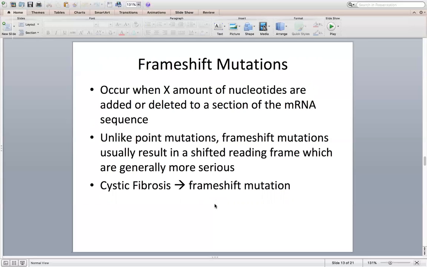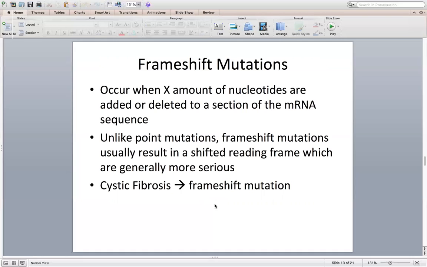If you think about the 3 positions of the codon, which is the reading frame, adding a nucleotide or taking one out shifts the whole line either down or up. So this is going to have more than just one consequence. It can affect things that are upstream or downstream from the sequence as well, and that can result in the insertion of a premature stop codon or something more serious.